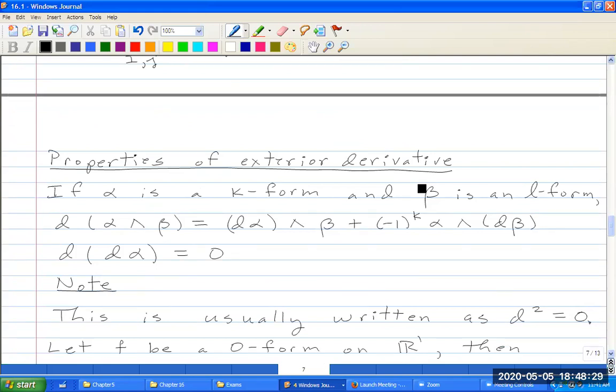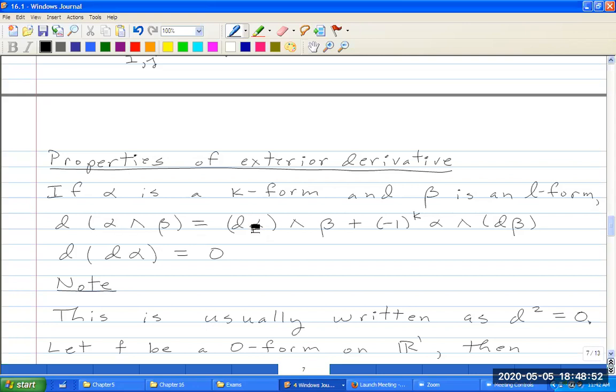Okay, so properties of the exterior derivative. If alpha is a k-form and beta is an l-form, then the exterior derivative of alpha wedge beta is, well, just use the Leibniz rule.